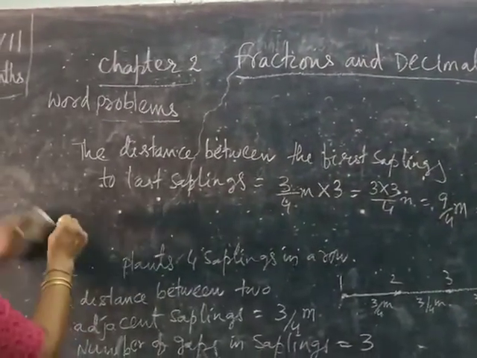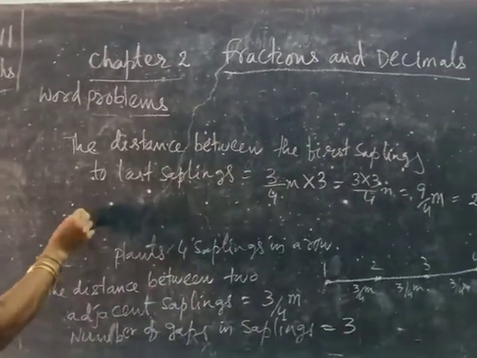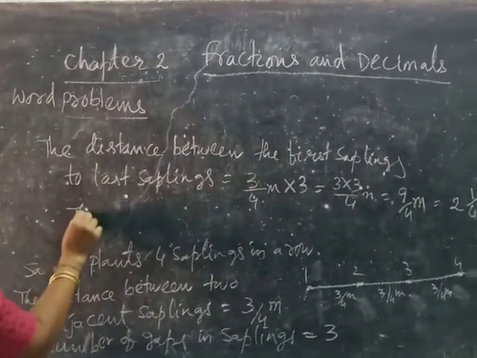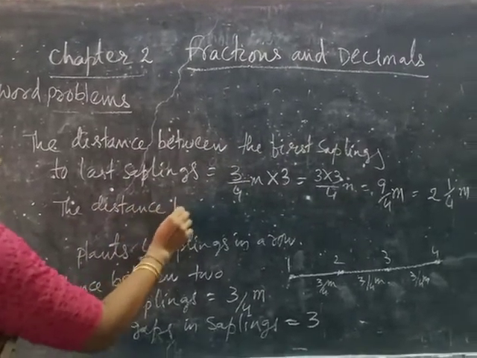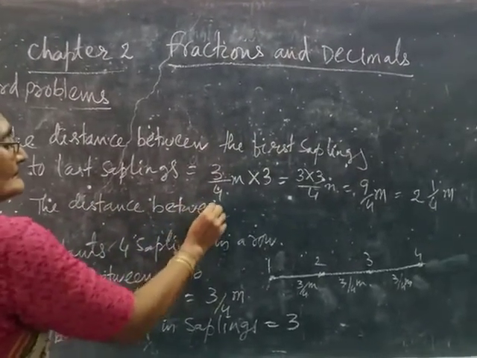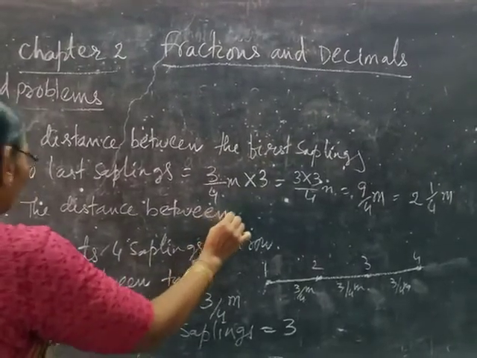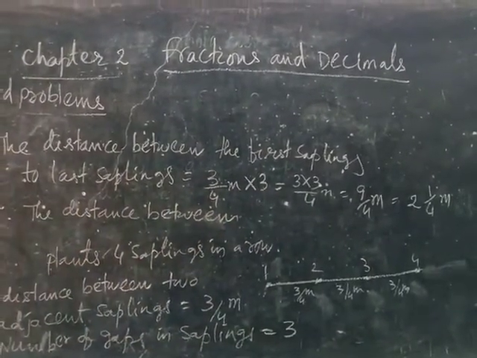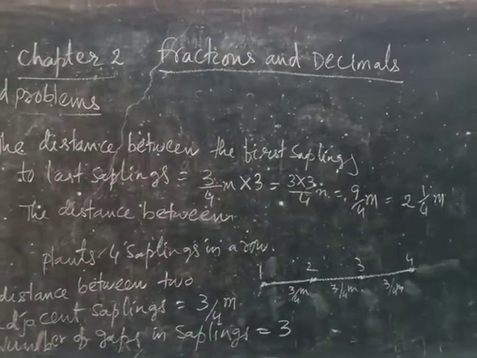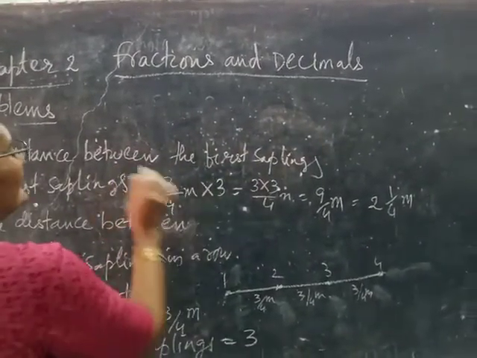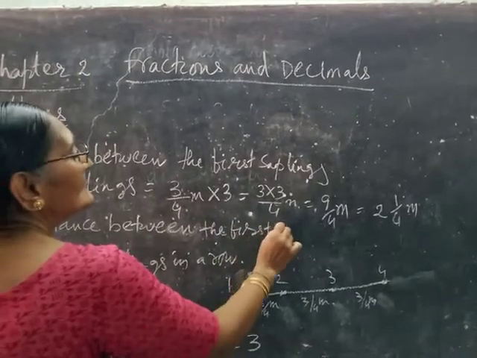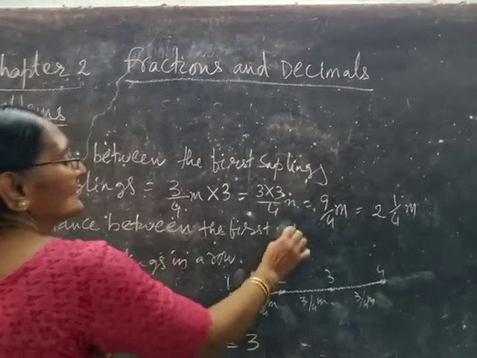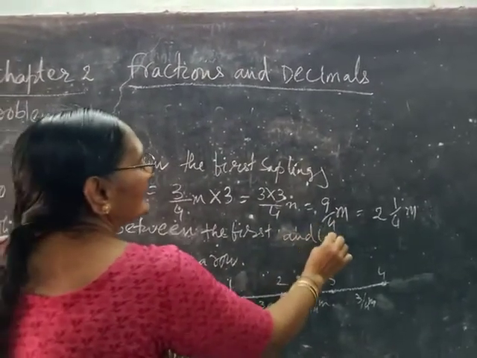Therefore we write that the distance between the first and last sapling, how much is that?